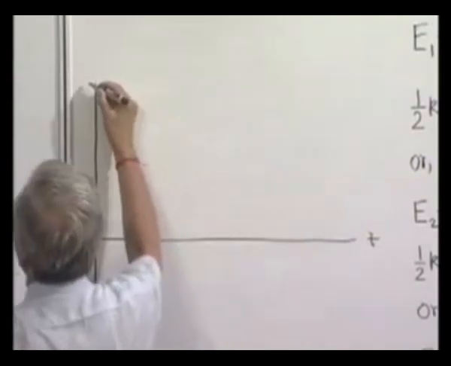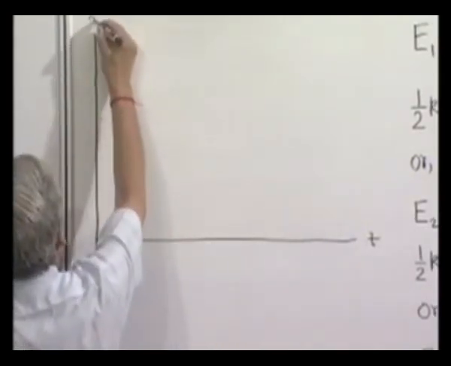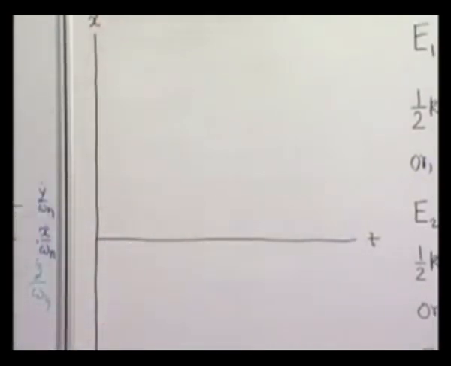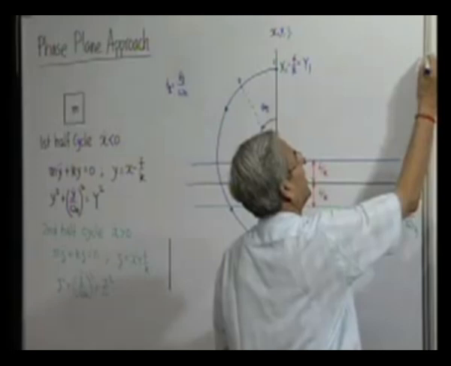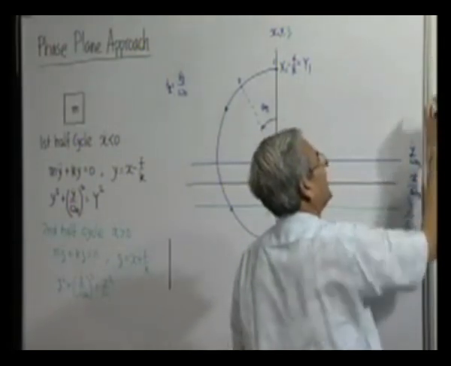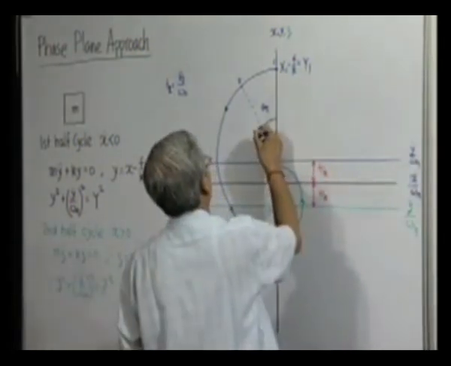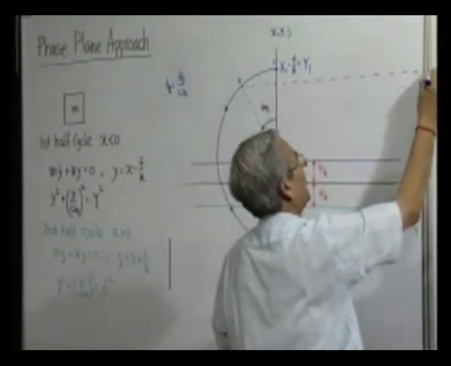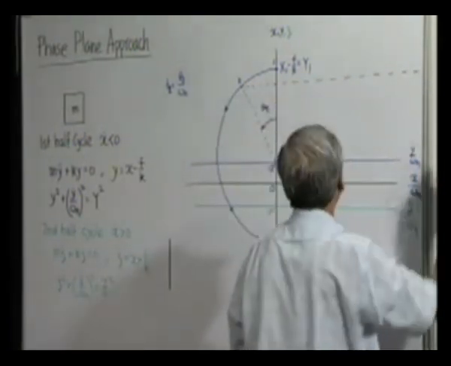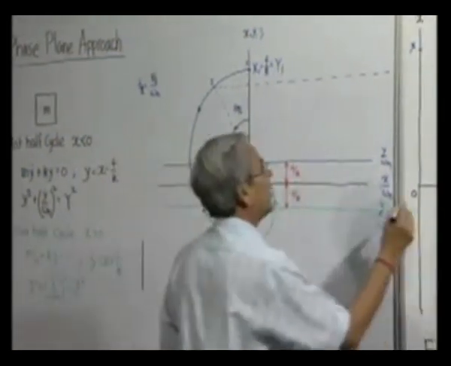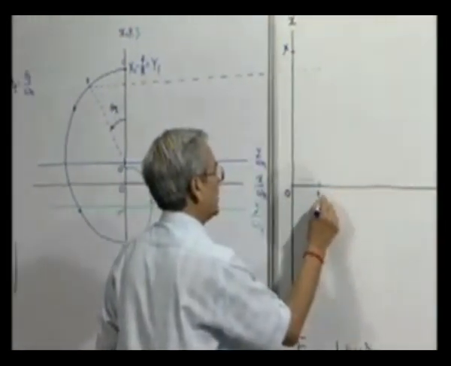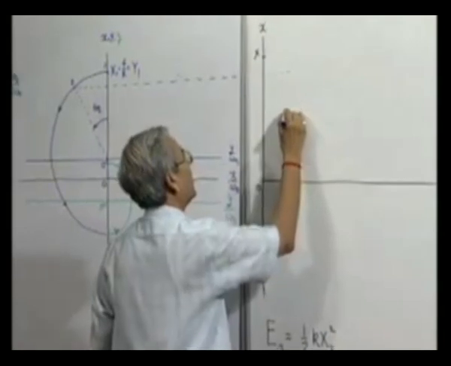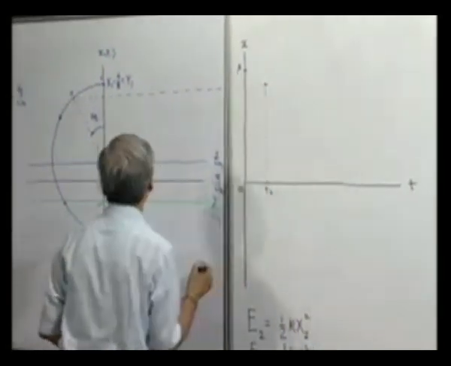Now we get a displacement diagram where one axis is x, other axis is t. So originally we started from here at t is equal to 0. Then at t is equal to t2, this will be the value, and t2 is equal to this. The point will be here.